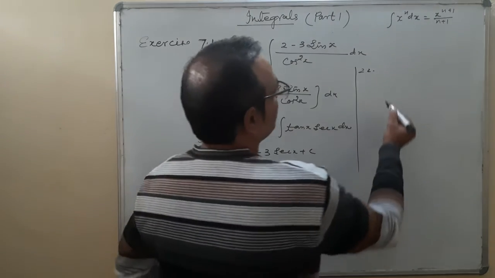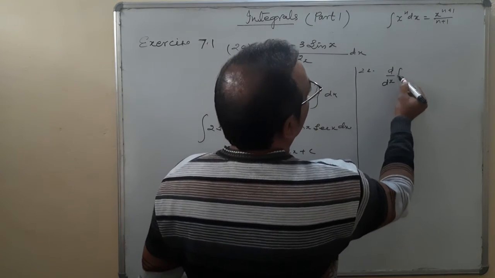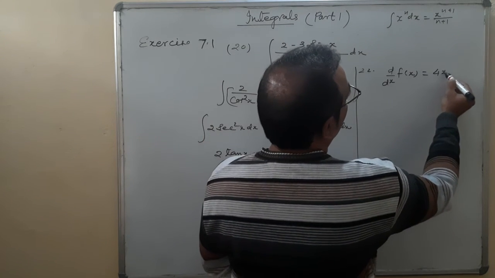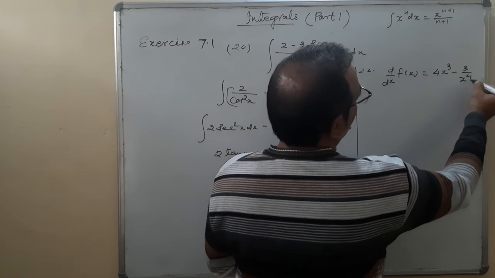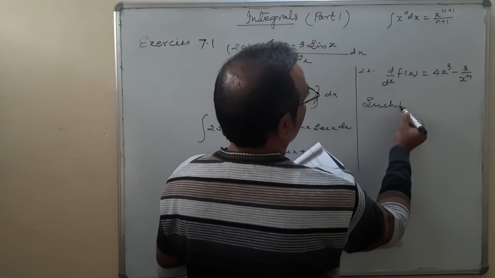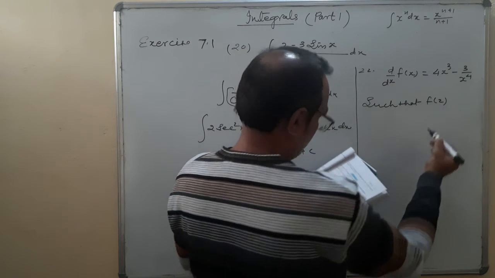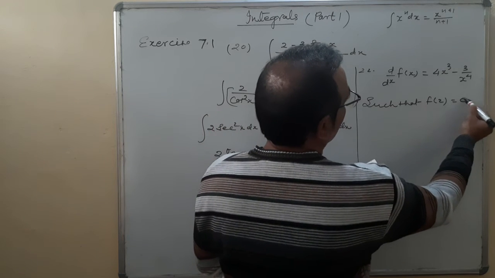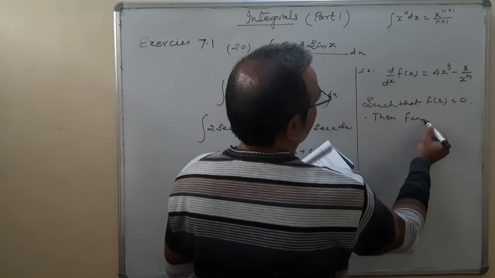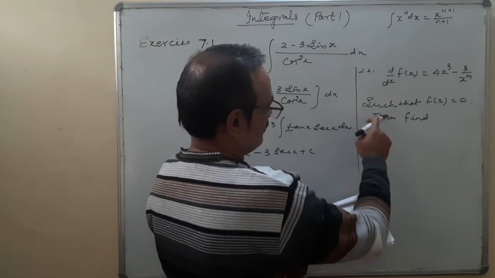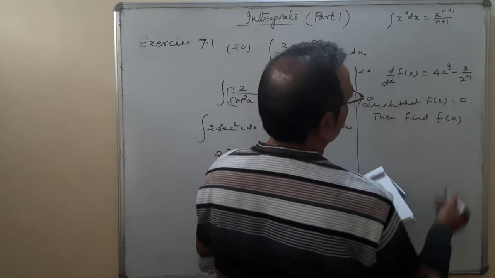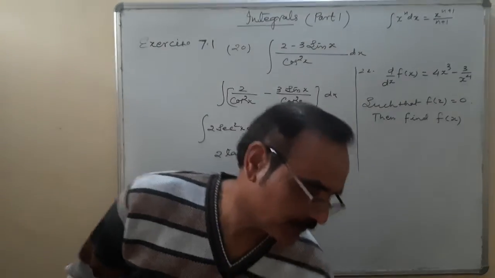If dy by dx f of x is equal to 4x cube minus 3 upon x to the power 4, such that f of 2 is equal to 0, then find f of x. Okay. Look at this question.